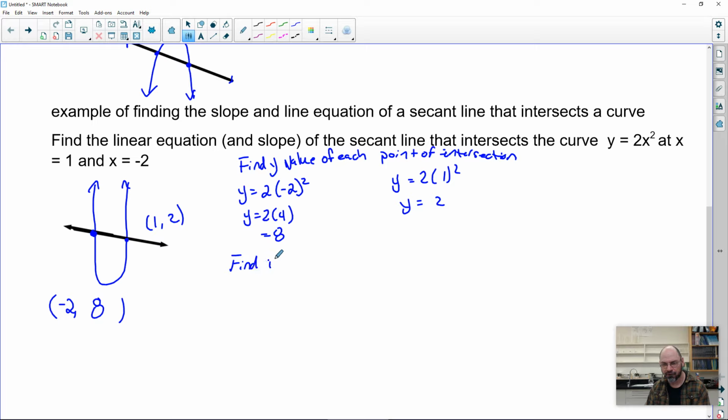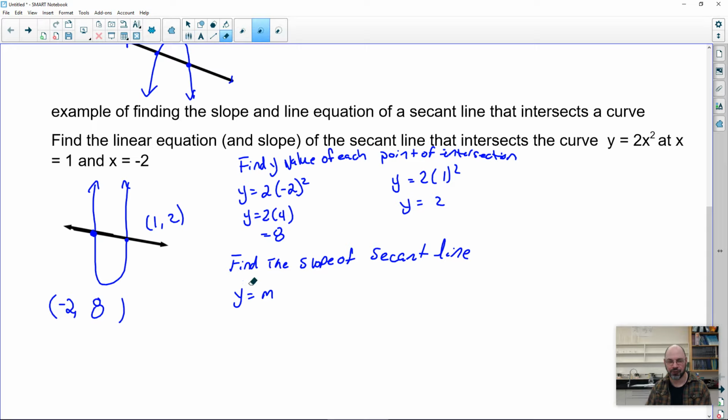Find the slope of the line of the secant. So we use the slope equation, m equals y minus y1 over x minus x1.